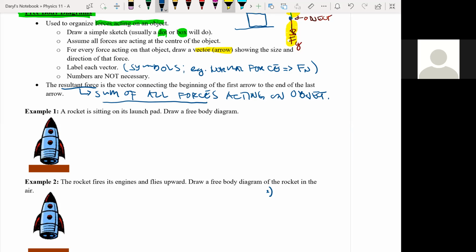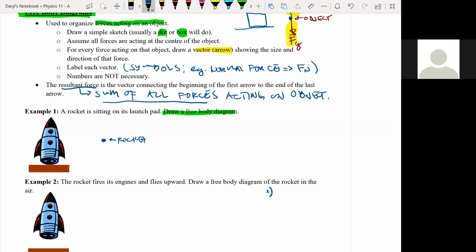We want to draw the free body diagram of this object here. I'm just going to represent my spaceship, the rocket, as a dot. This is my rocket. By the look of it, it's just sitting on a launch pad, so it's not moving.